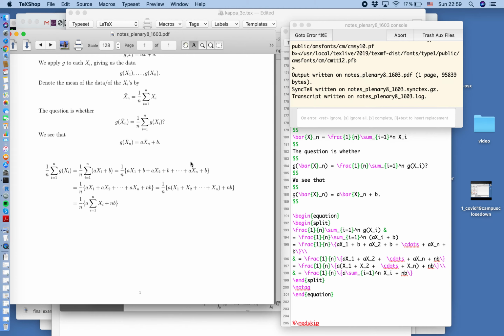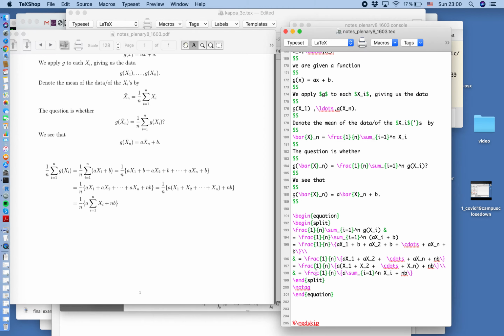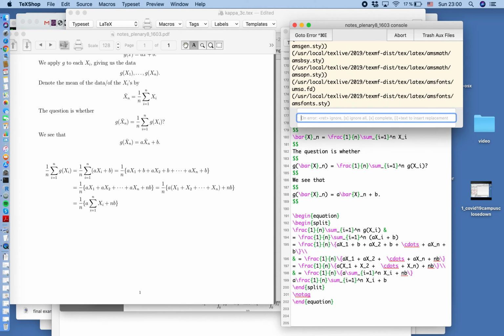And now we can take the 1 over n and move that inside these curly bracket parentheses. So when we do that, we'll get a over n times the sum of the x_i's, and this n will fall against this n in the denominator. So which means that we'll have a times 1 over n times the sum plus b.